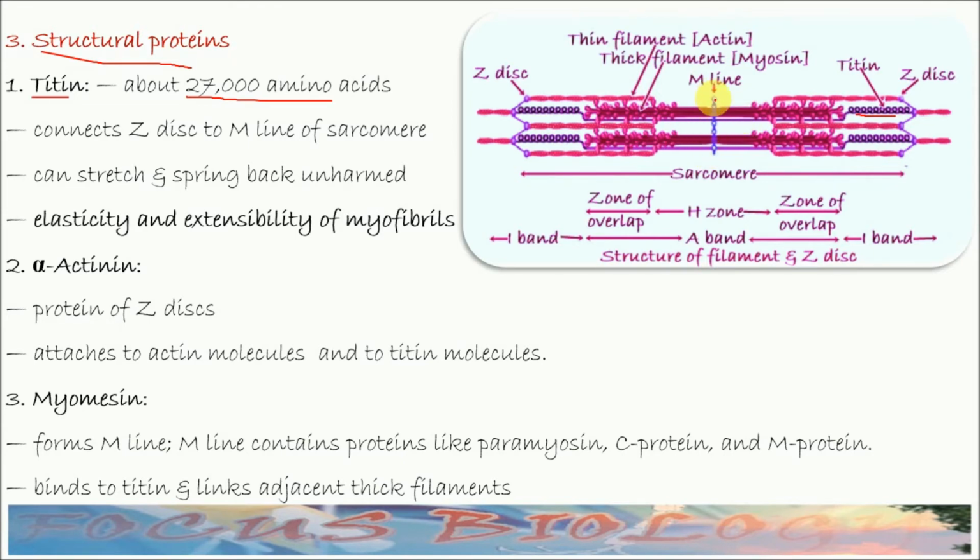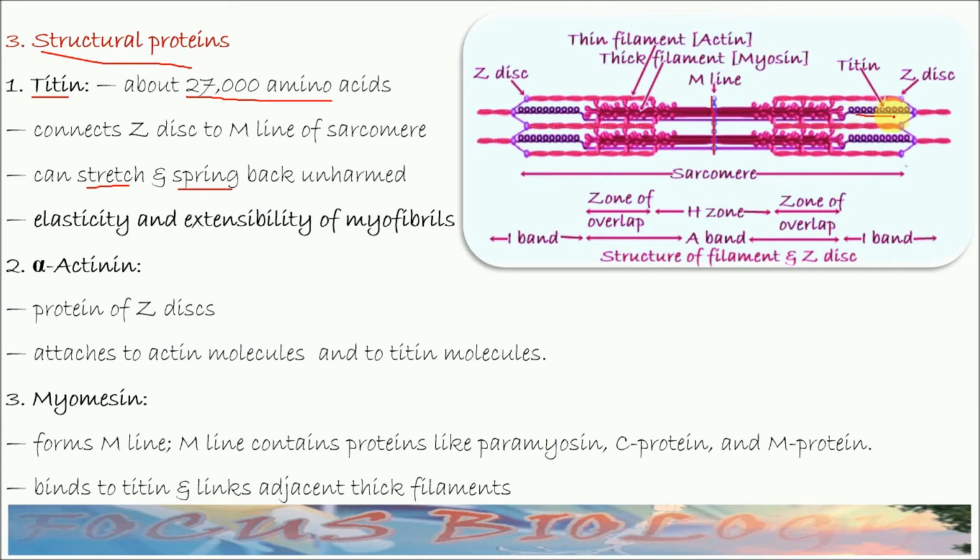This one is M line, right? So this titin joins on one side M line and on another G discs of the sarcomere. Since it is spring like, it can stretch and spring back without producing any harm.